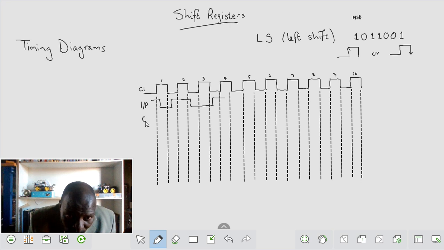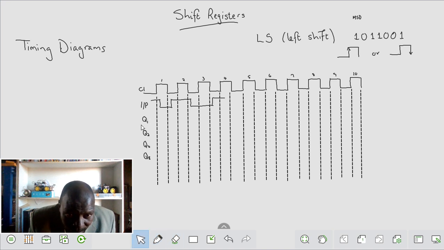So what we'll then have is our Q outputs. Let's say we're asked to use 4. This will be Q2, Q4 and Q8. If we're asked to have 4, we could have been asked for more or less, it doesn't really matter. Let's be practical. We'll say, okay, left shift.